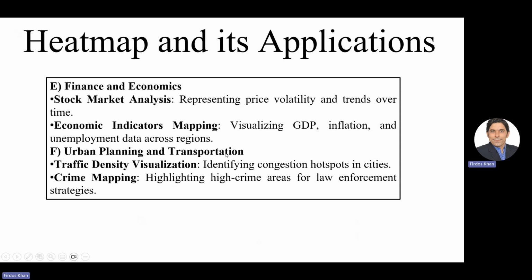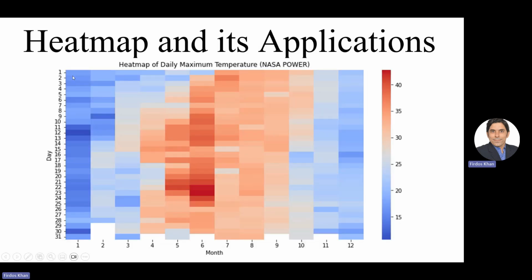Urban planning and transportation, traffic density visualization: identifying congestion hotspots in cities. If you have data on traffic intensity for different hours of the day or different days of the week, you can draw it. Let's go back to the first one. You will have the number of hours here and the days of the week here.